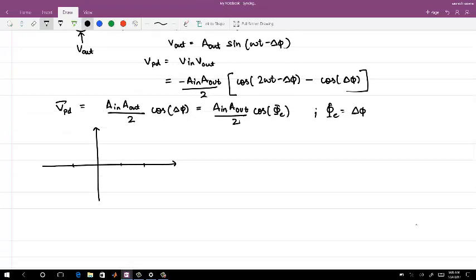Okay. Now this one will be something non-linear which you have seen.